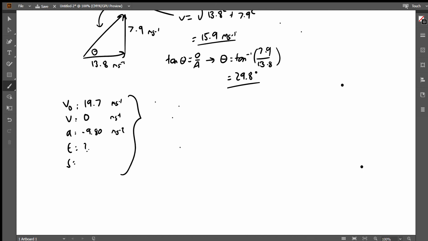So again, the only formula which has v0, v, a and t in it is v equals v0 plus at, which we rearrange to become t equals v take v0 on a. So 0 take 19.7 on negative 9.8, which if we substitute into our calculator is about 2 seconds.